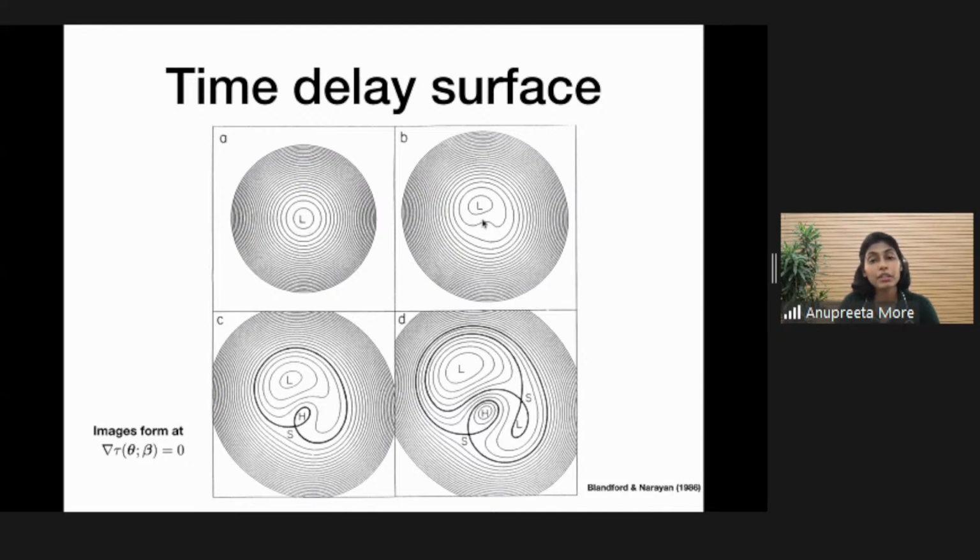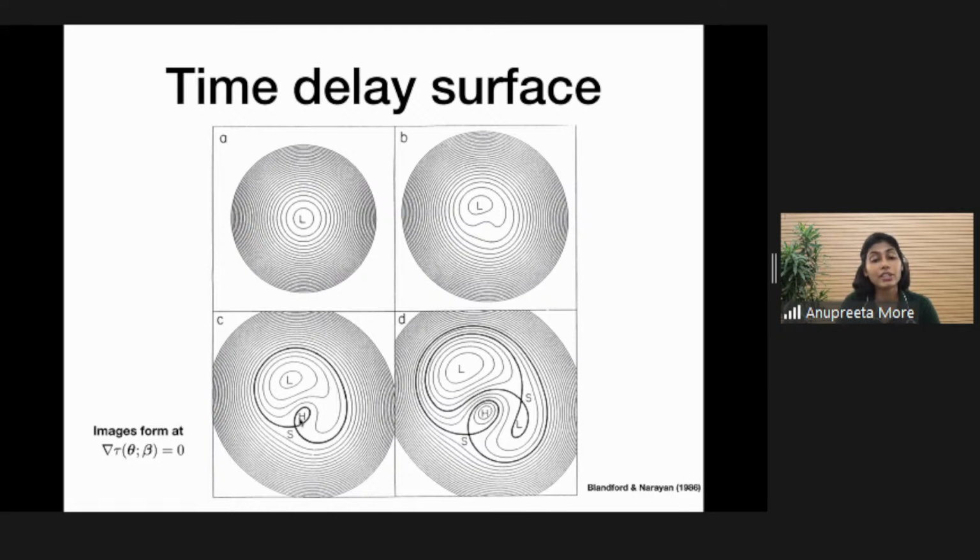As you introduce a lens in the foreground, you can see that these contours are getting distorted. And when the source and the lens are sufficiently aligned, then we can see additional pairs of images being formed. The image that is labeled as S here is the type 2 image, which is formed at the saddle point.